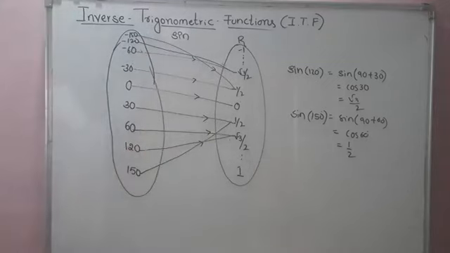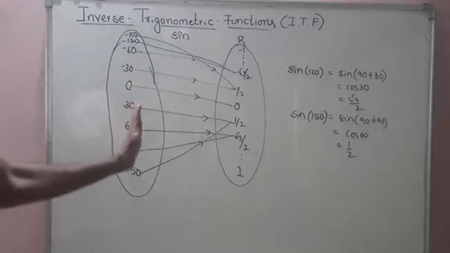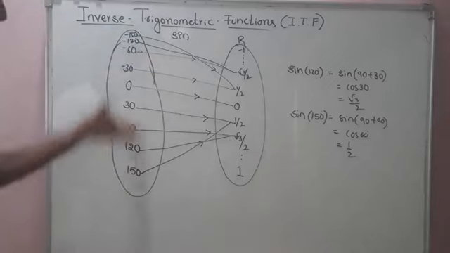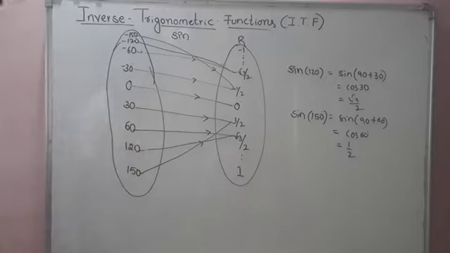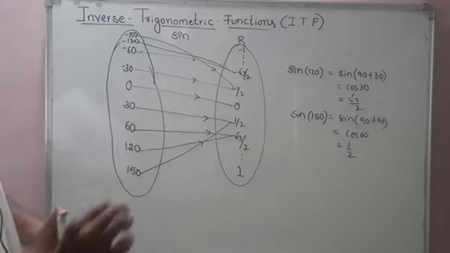Well, now we can easily see this sine function, for these values, is it 1, 1 or not? This is my question. Yeah, you can see here one important point.